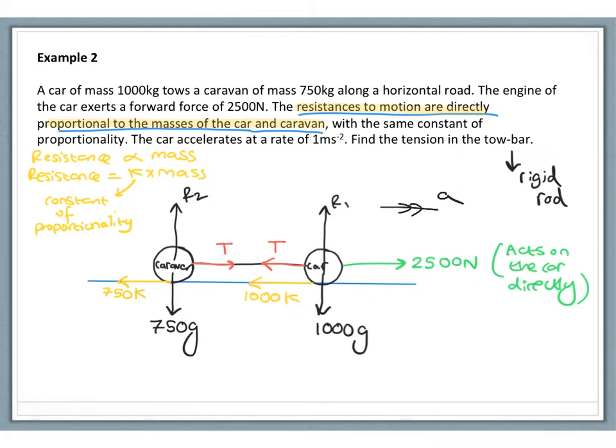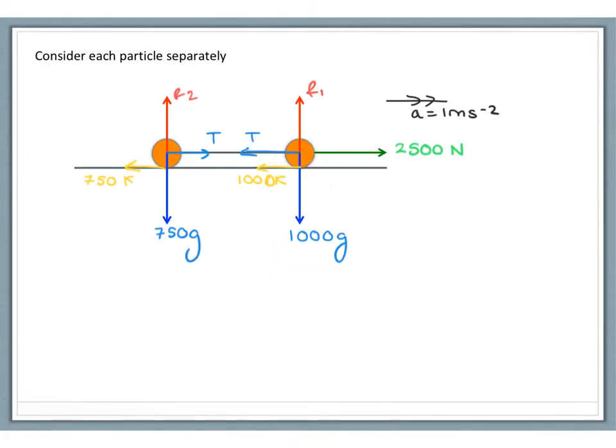So we have our very clear force diagram with all of the forces marked on it. In fact, we actually know the acceleration is 1 metre per second squared, so we can mark that information on too. So here we have the force diagram again, and we're going to solve this problem using the second method, where we consider each particle separately rather than treating the system as a whole.